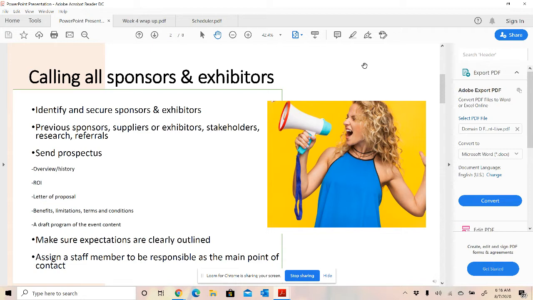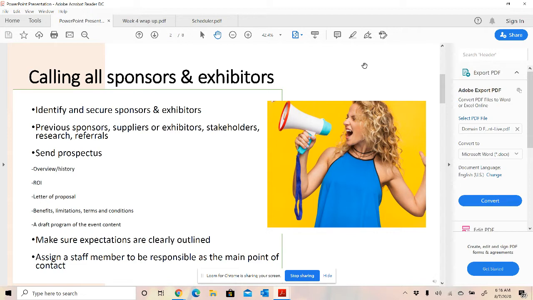And then when you do find a sponsor or exhibitor, you want to send them either the sponsor prospectus or the exhibitor prospectus. And what that is basically just trying to get them to either sponsor your event or exhibit at your event. So you really want to sell your event like this is like the best thing since sliced bread, and it's going to be so great for you.